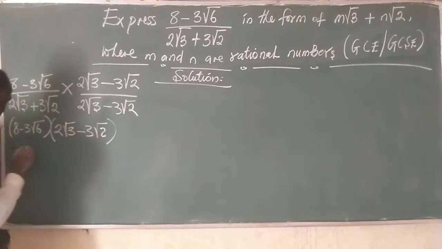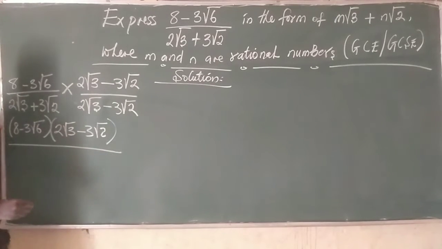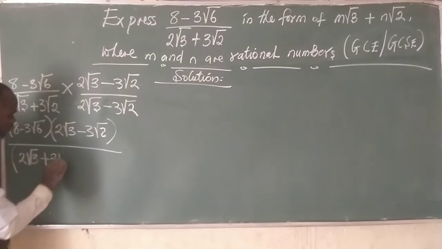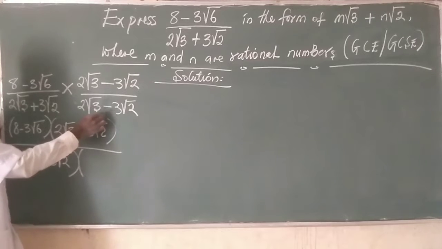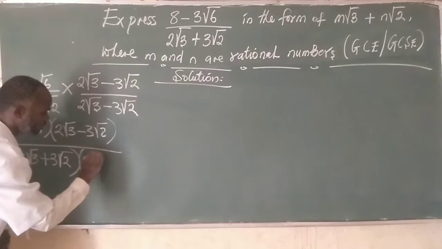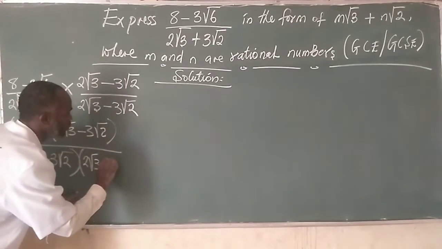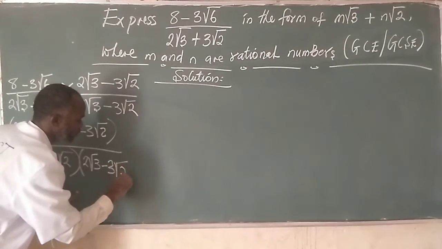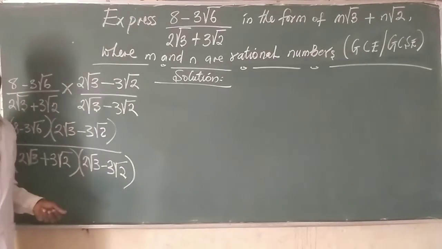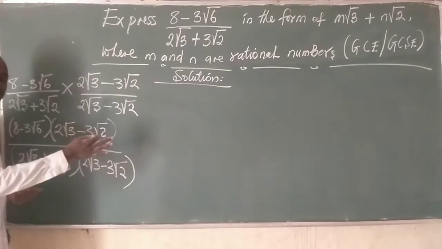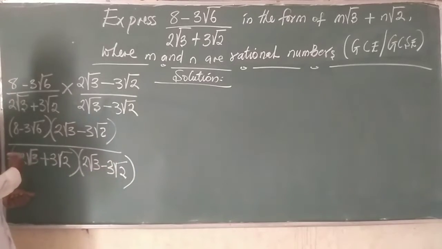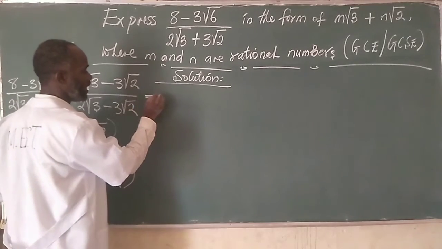Let's do the same for the denominator: bracket open 2 square root 3 plus 3 square root 2 bracket close, and then open again for 2 square root 3 minus 3 square root 2, and then bracket close. Now we have done this. The next thing is for us to clear the brackets. How do we clear the brackets?